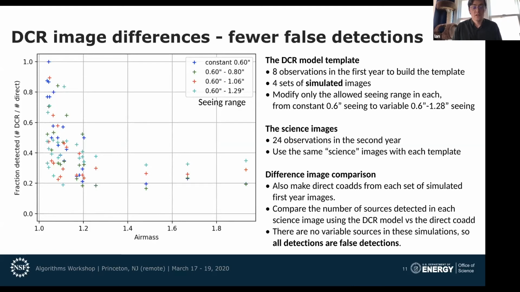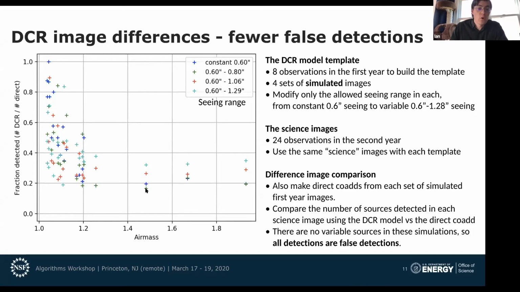And so then you go ahead and you build your DCR coadd, and you also make a direct deep coadd. Use both of those separately for image differencing. And the direct coadd produces, let's say, 100 false positives at air mass 1.5. In that case, then the DCR coadd is showing it will have around 20 false positives, which is a fairly dramatic reduction.